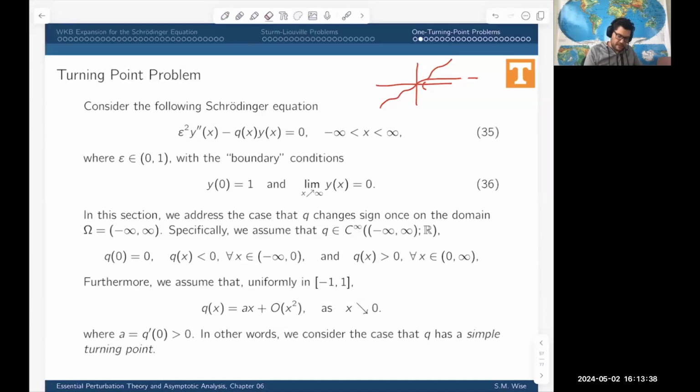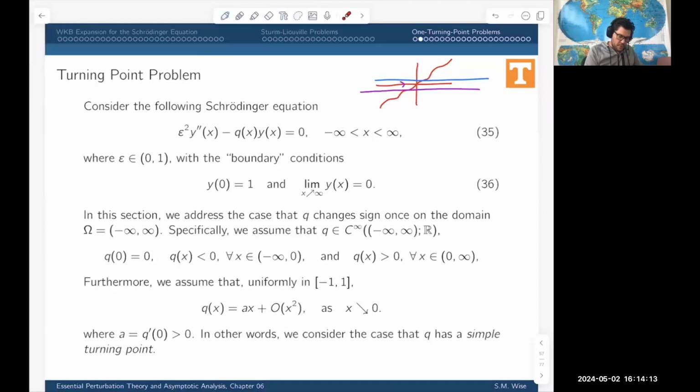Let's make that a different color. And on some domain, let's use purple for this one, which contains basically most of the negative real axis, Q is bounded away from 0, but it's a negative function.